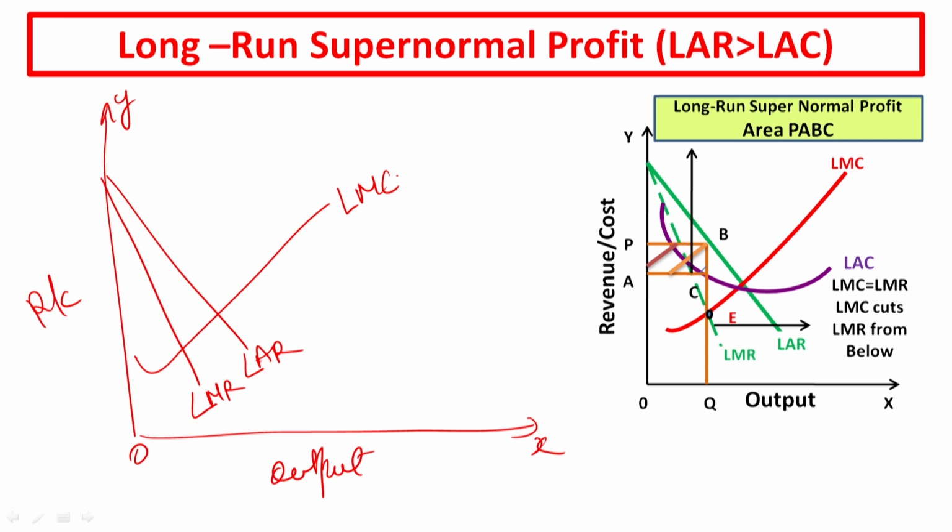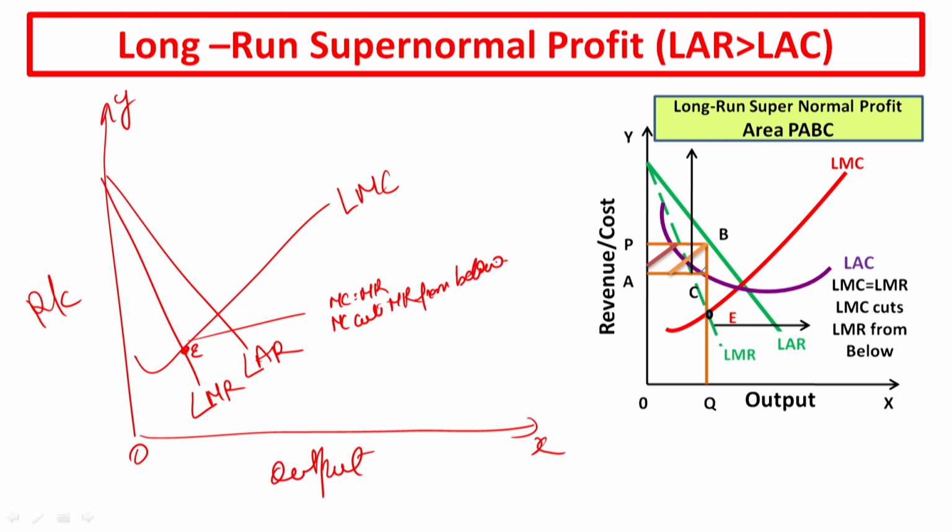If you really need to increase the production, you can increase it by changing all the variable factors, because sufficient time is available even to change the overall production capacity of the organization. So it is earning the supernormal profit. This is the equilibrium point where MC is equal to MR and MC cuts MR from below.